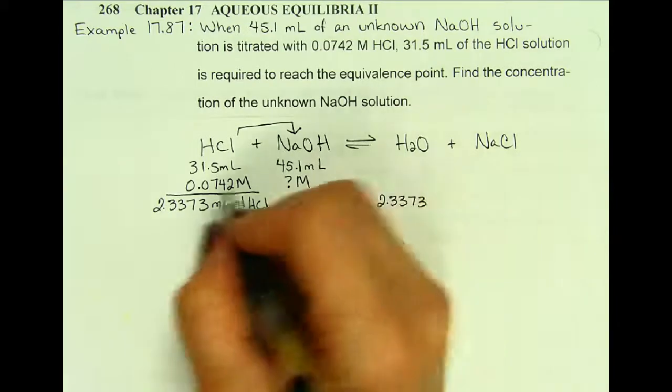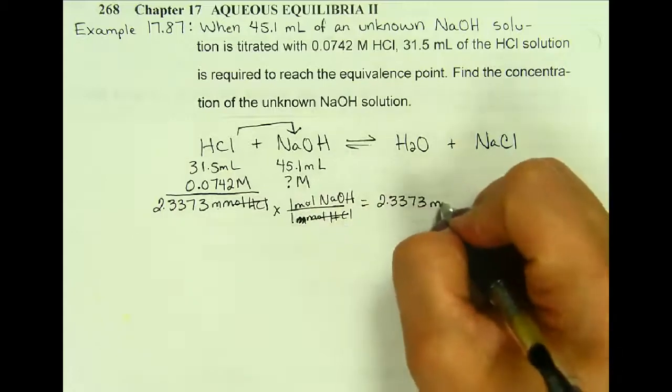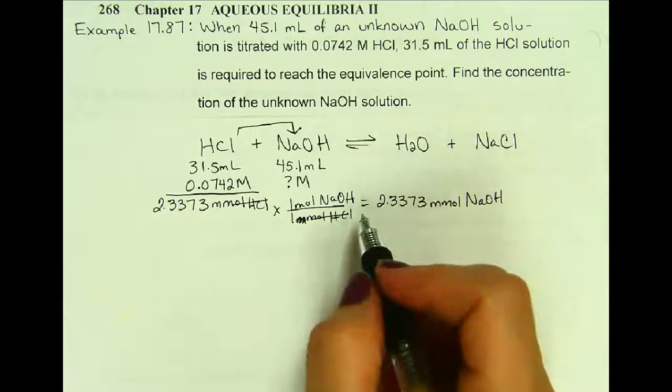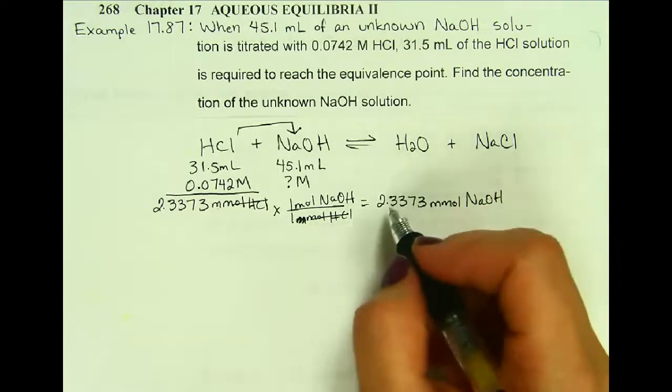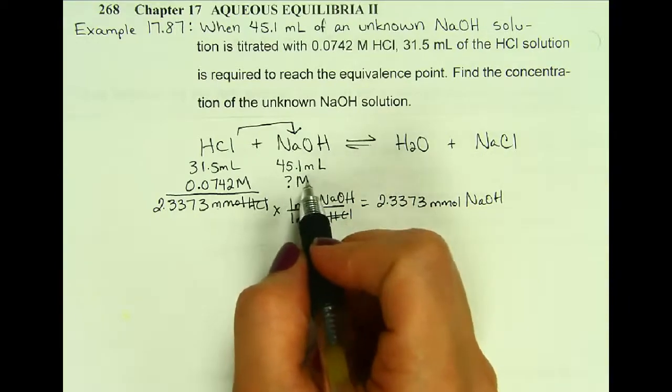Notice moles of hydrochloric acid cancel, leaving millimoles of sodium hydroxide. Don't let the millimoles throw you off. Still moles, it's just a millimole. And finally, now that I have the moles of sodium hydroxide, moles divided by liters equals molarity.